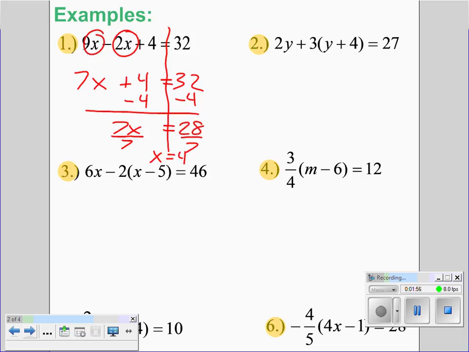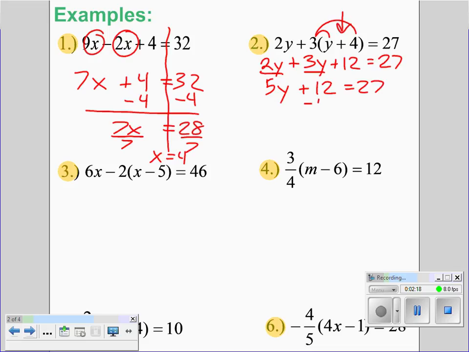Let's take a look at number 2. Now notice here we have parentheses, so I want to take care of this part first. So first thing I'm going to do is distribute the 3 times y, and then 3 times 4. Then like the first problem, we see like terms. I want to add the 2 y's together and get 5y.